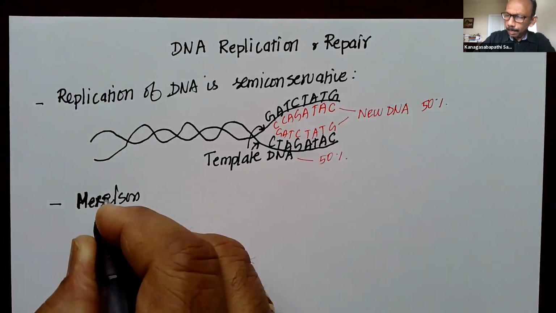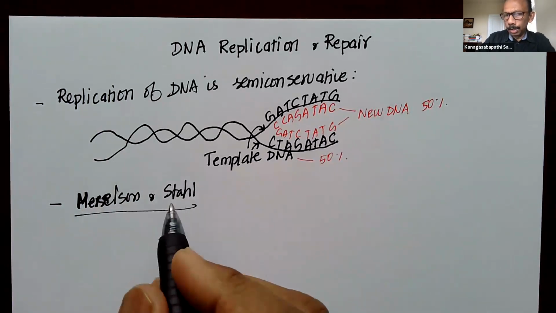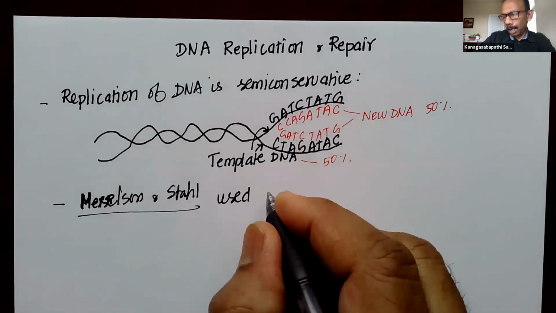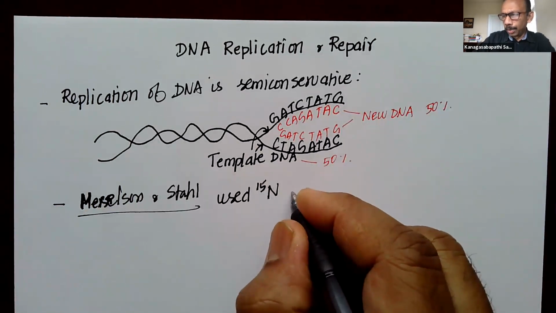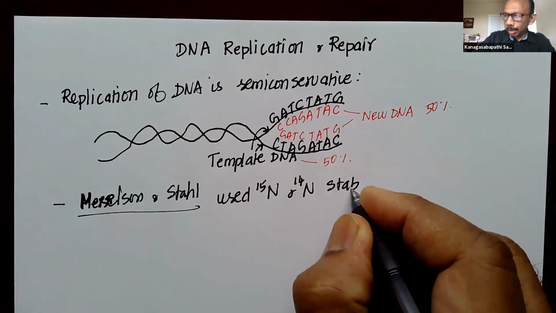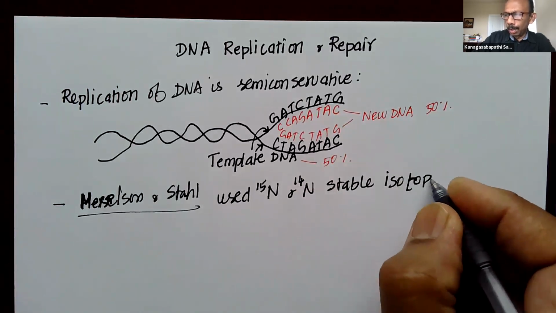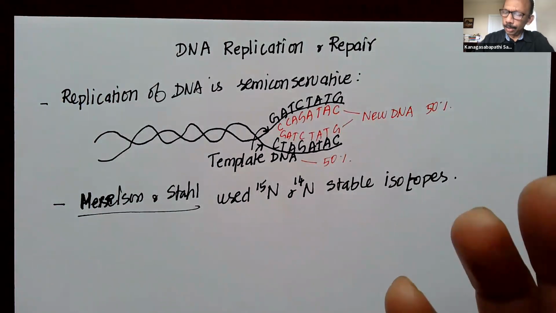These two scientists worked out an experiment by using the stable isotopes of nitrogen, N15 and N14. When stable isotopes are being used, the main thing that you're looking for is the difference in weight rather than any radiation that's coming out of this. Okay.